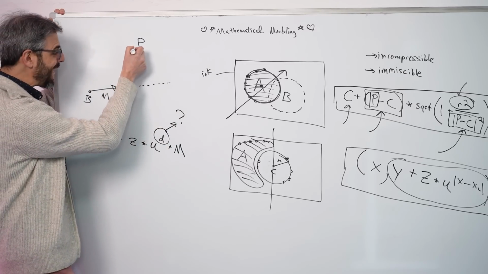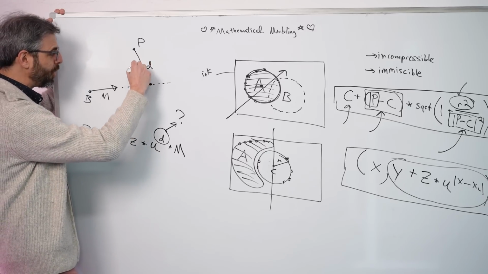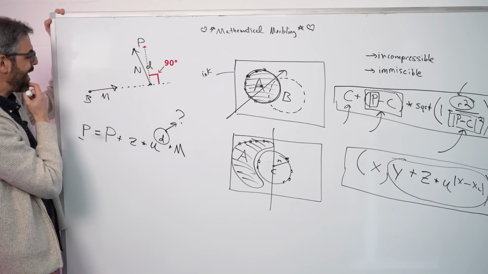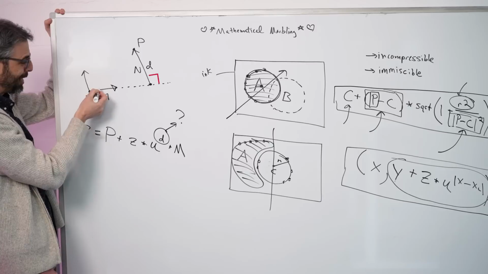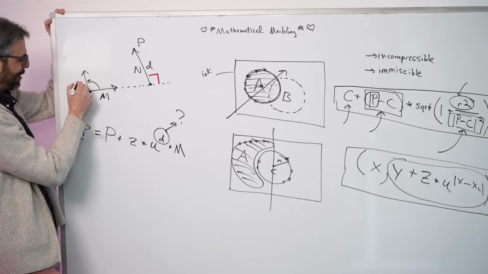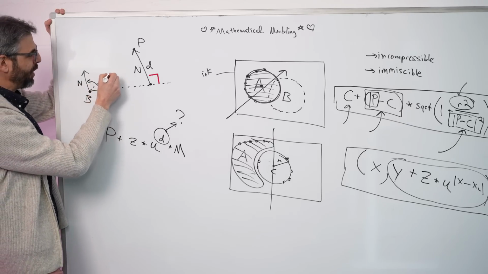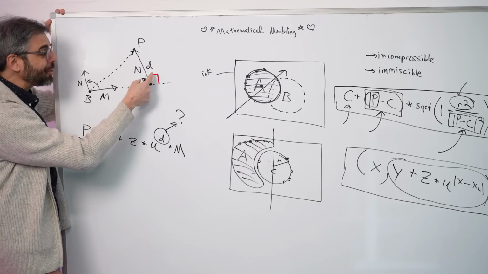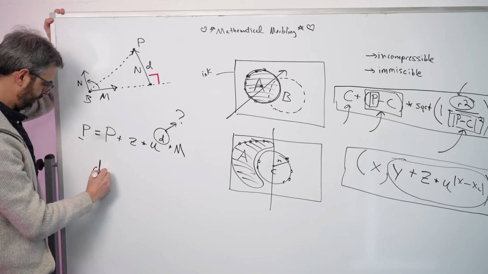Well, D is actually this distance. This is called the normal, a vector that's perpendicular to this line. And we can actually get that vector very easily by just rotating M by 90 degrees. And this is where scalar projection comes in. If we think of this vector, P minus B, we can actually compute D with the dot product.